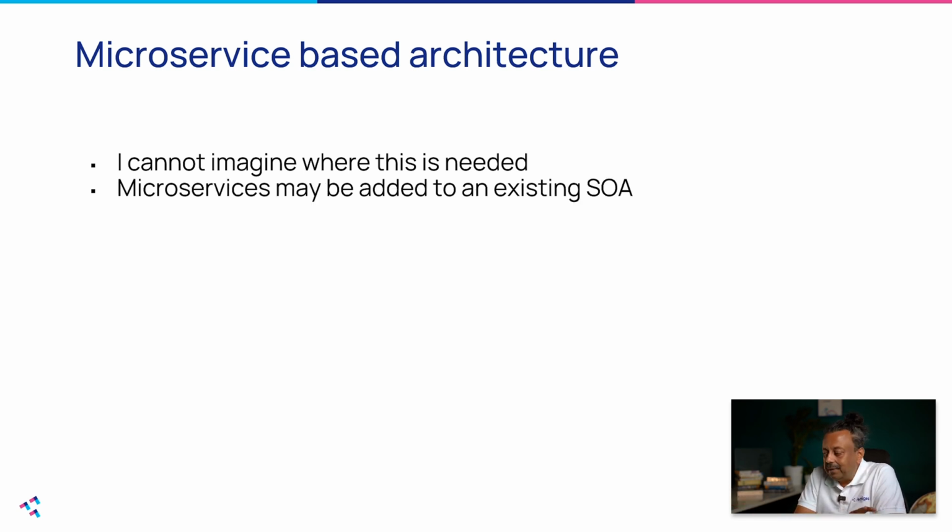So I am okay with microservices to be added to an existing service-oriented architecture. You have a service-oriented architecture with 5 services, and you throw in 4 microservices in addition to handle 4 extremely tight latency, extremely high throughput operations. That's perfectly sensible. But an entire architecture, microservices?